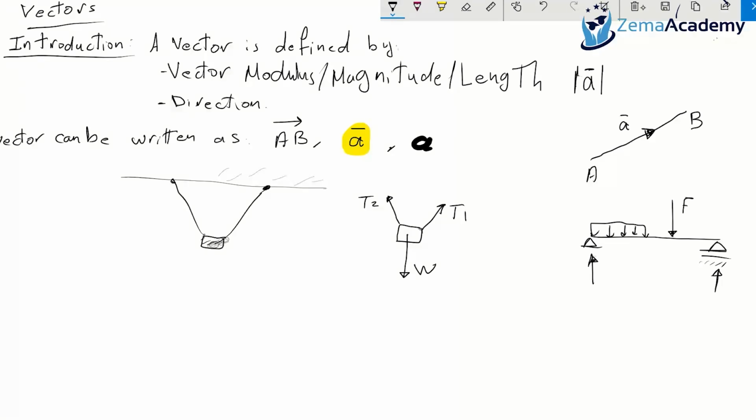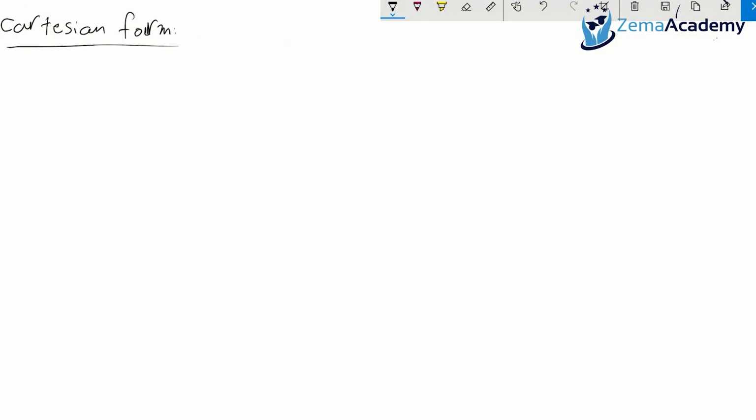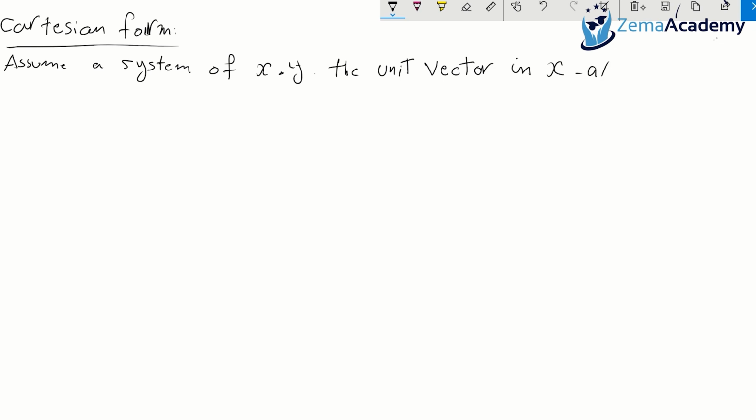Now, the Cartesian form of vectors. Assume a system of x, y coordinates. Now, the unit vector in the x direction, in the x axis, we call it the I vector.